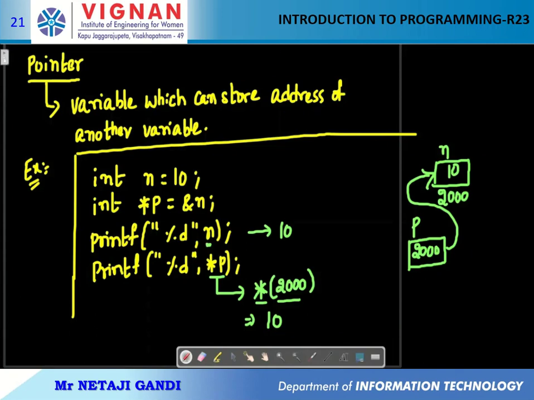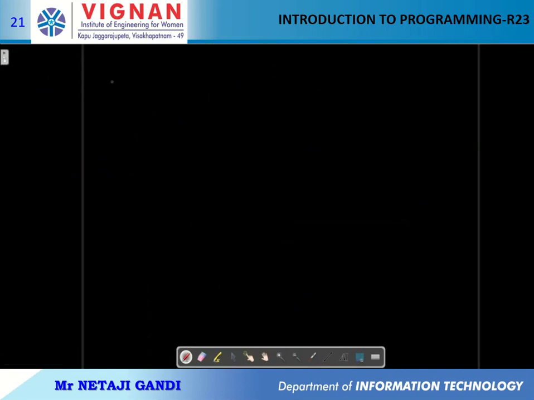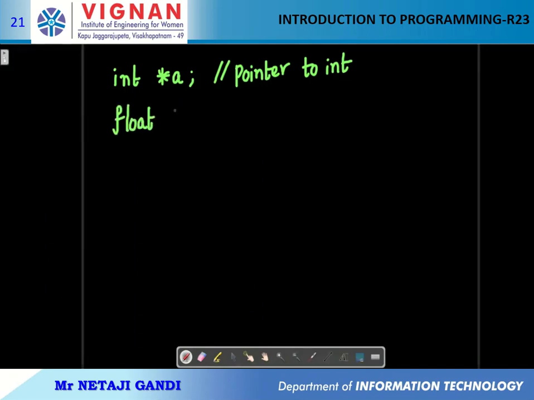Now we can write different pointers while declaring. Let us suppose I am considering different pointers here. Int star a is an integer pointer, so I can consider this as a pointer which can point to an integer location. So this is a pointer to an integer memory location. Similarly, I am considering float star b, which is considered a pointer to a floating point location, so this is a pointer to float.